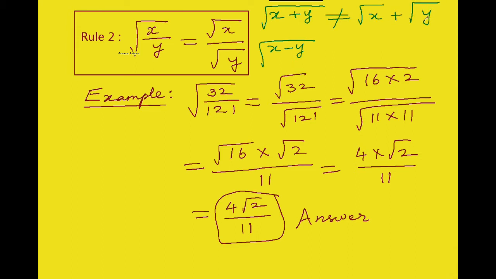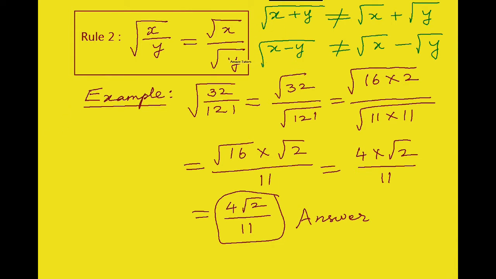It is wrong. Please remember these 2 points. So you are able to split the radicals only in case of multiplication and division, but not for addition and subtraction. Remember these 2 points.